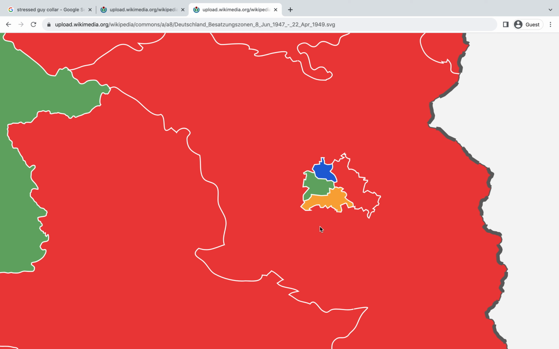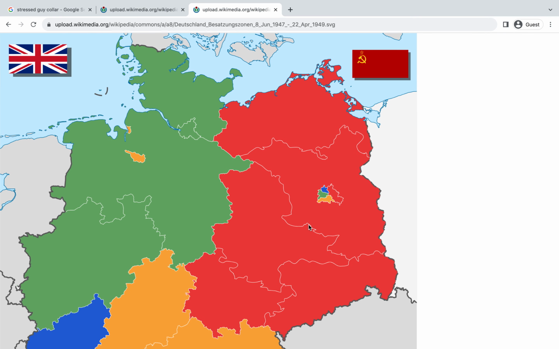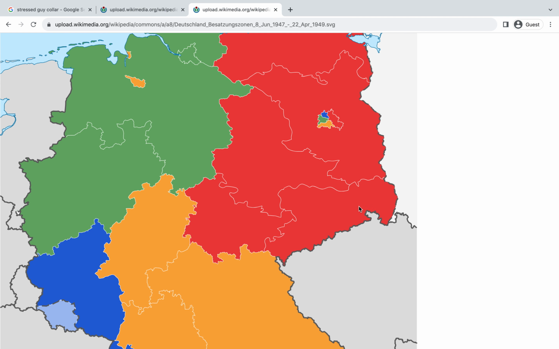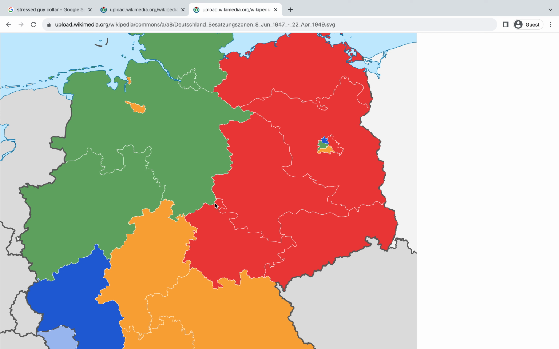So, to recap, World War II is over. After World War II, the three powers, the Big Three, the United States, the Soviet Union, and the United Kingdom, all came up with this arrangement for how Germany was going to look after Hitler. And inside of the Soviet part of Germany, which is going to be called East Germany, is Berlin.